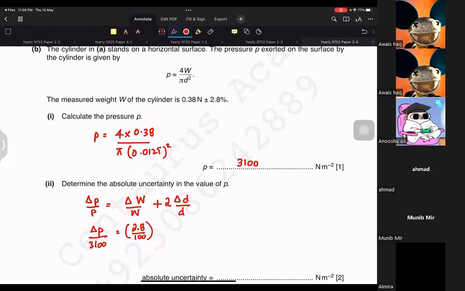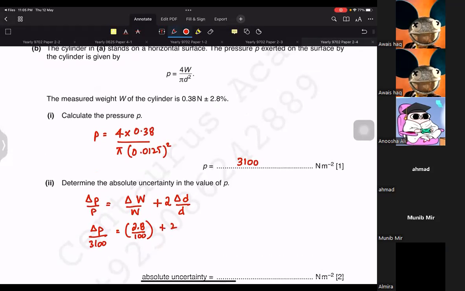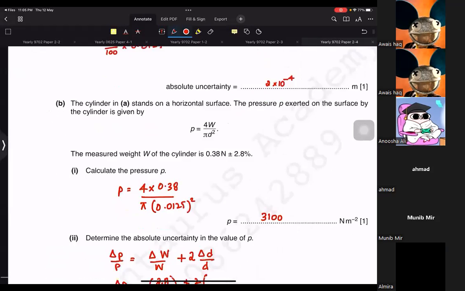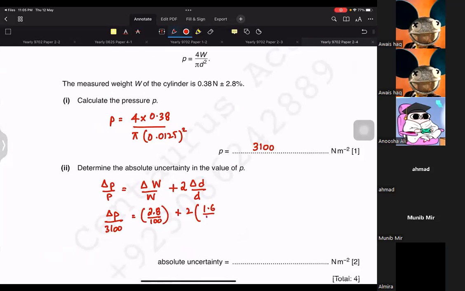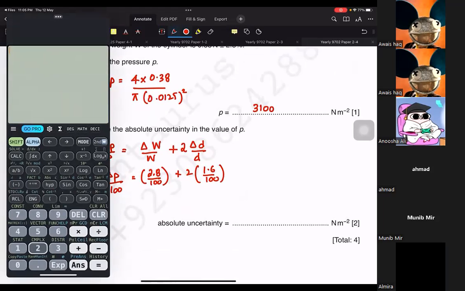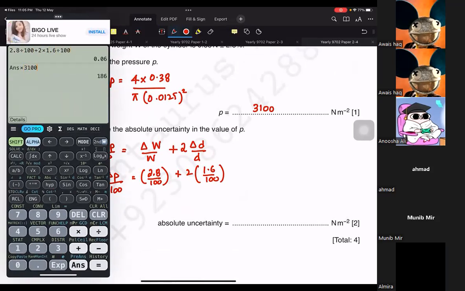You don't need to do anything else because percentage already means a fraction. And I hope that's in percentage too. Okay, 1.6, so 1.6 divided by 100. So easy. And now 2.8 divided by 100 plus 2 times 1.6 divided by 100, times 3100.